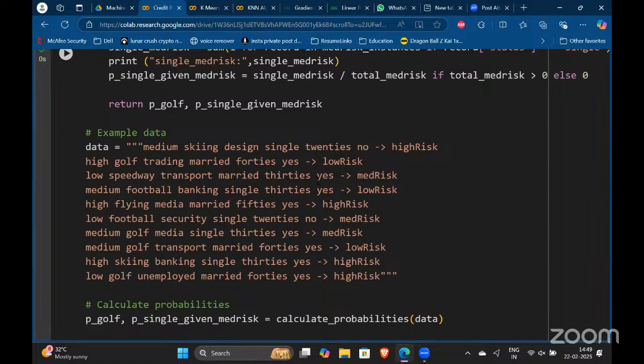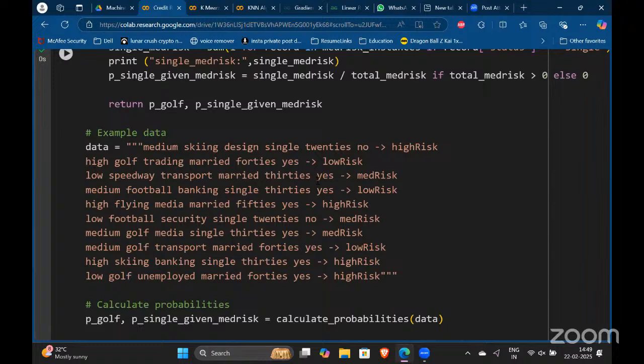This is clear. So the second question is, they are asking about if the person is single and at the same time also at mid risk. So now we are going to apply the Bayes theorem. First we'll see how many mid risk there are, to identify the P of B value.